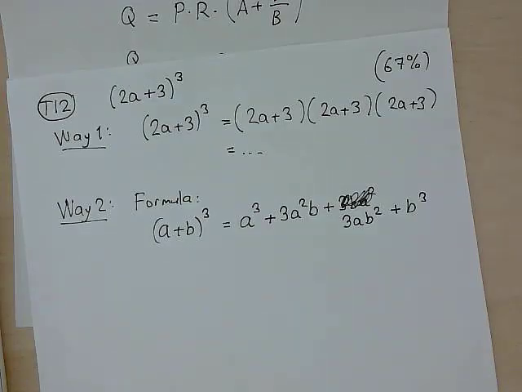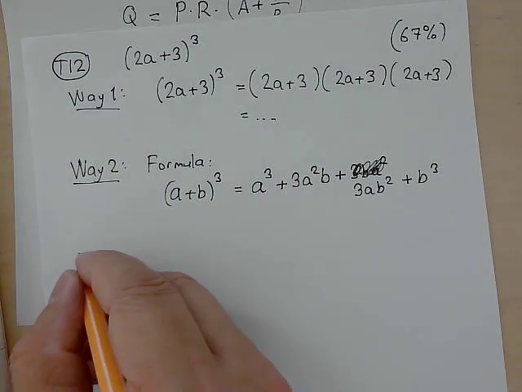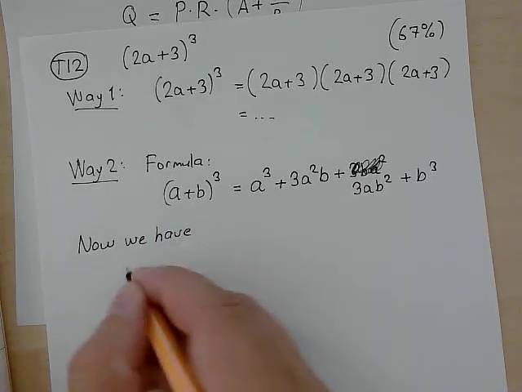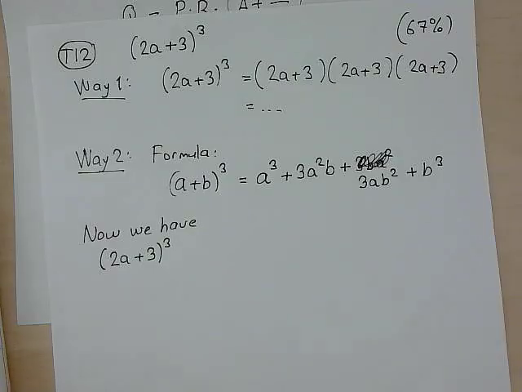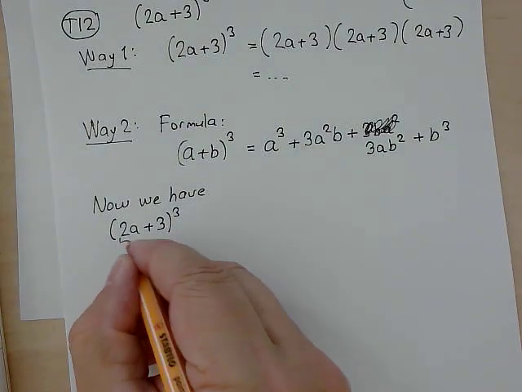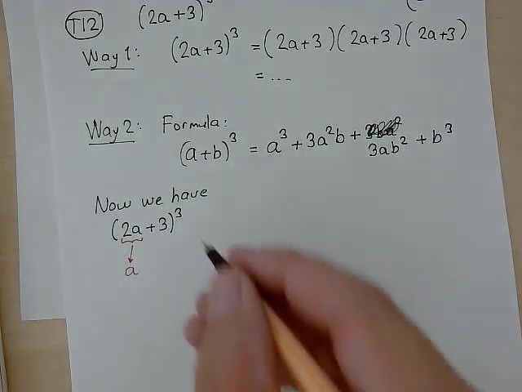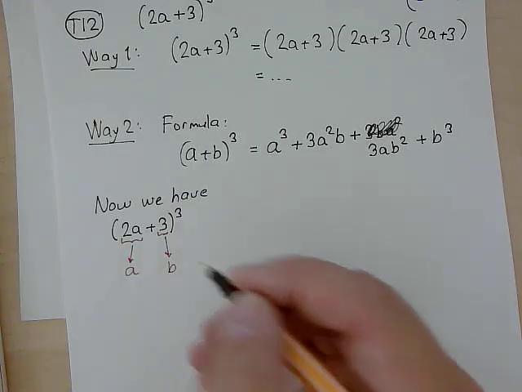Now in our case, 2a is in the place of a in that formula, and 3 is in the place of b.